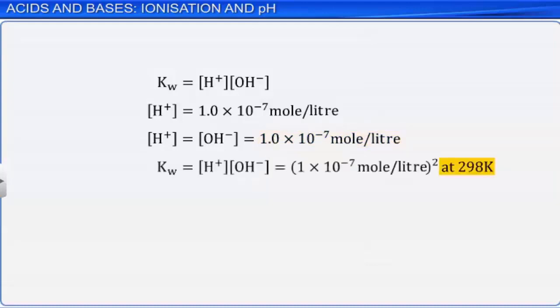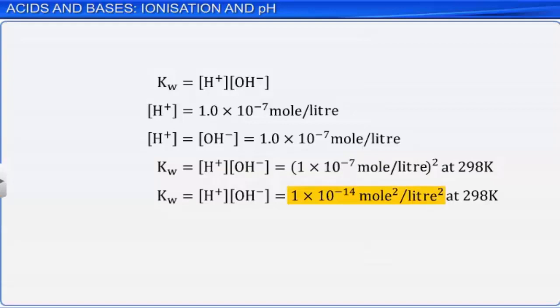Thus, at 298 Kelvin, the ionic product of water, which is equal to the product of the concentrations of H plus and OH minus ions, is equal to 1 multiplied by 10 to the power of minus 7 raised to the power of 2 moles per liter.